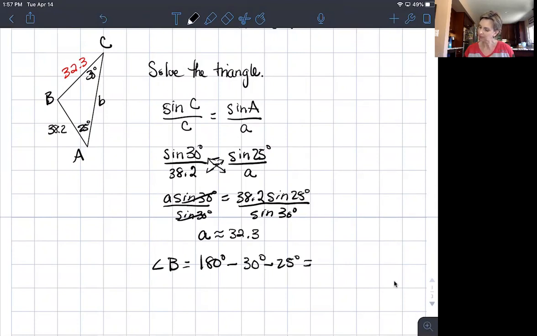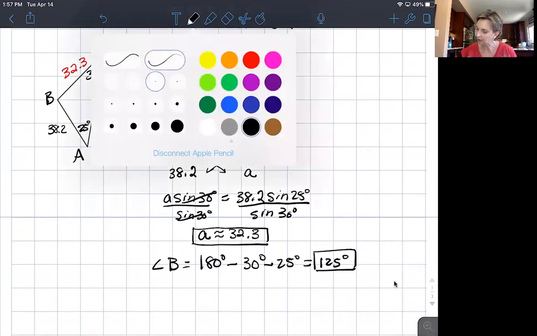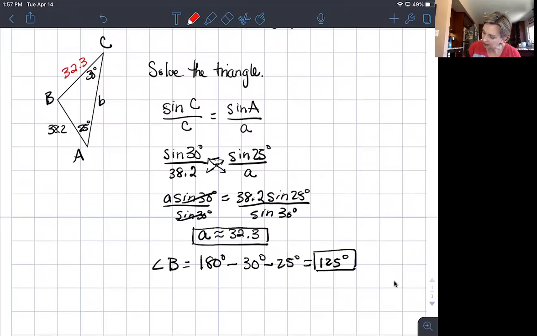That's 180 minus 55, which gives us 125 degrees. Let's write that in our triangle: 125 degrees for angle B.